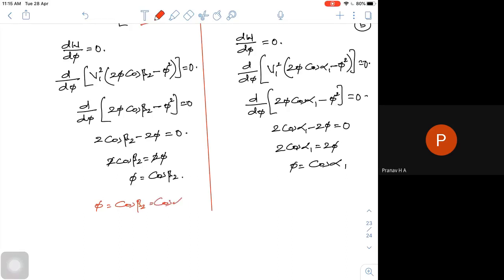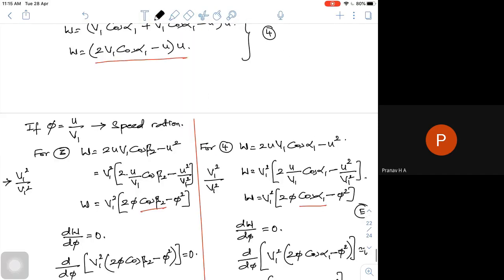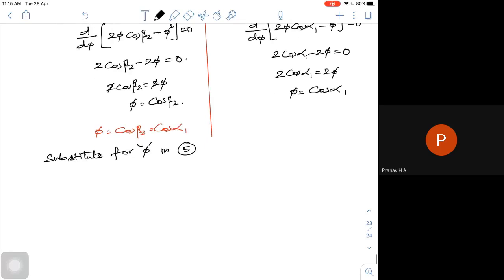So what should I do? Substitute for phi in my expression. So what is my equation actually?